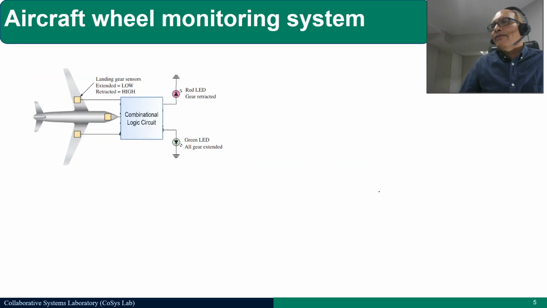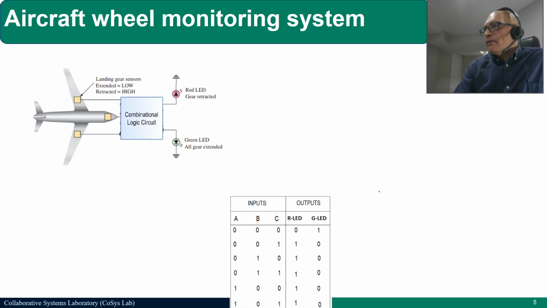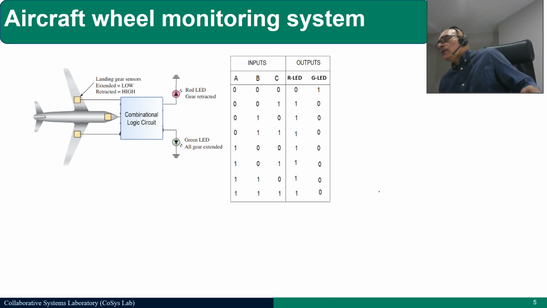Let's go back to the previous example that we had, the aircraft wheel monitoring system. As we said, in this system, we have 3 inputs and 2 outputs. So we can find the truth table. We already explained that.